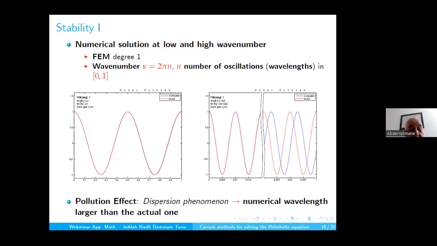The second one is this mesh resolution for the usual finite element method. And there is a third one here. For instance, when κ is relatively small, that is, when n here is equal to 2, the solution oscillates two times.